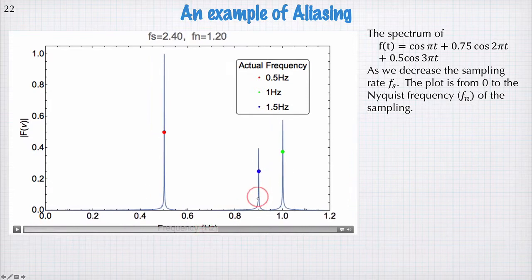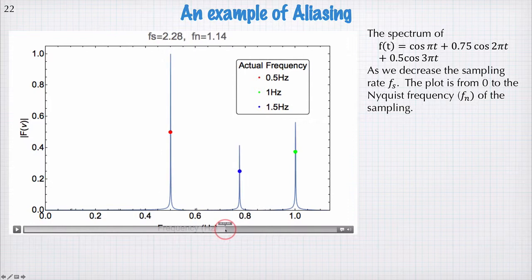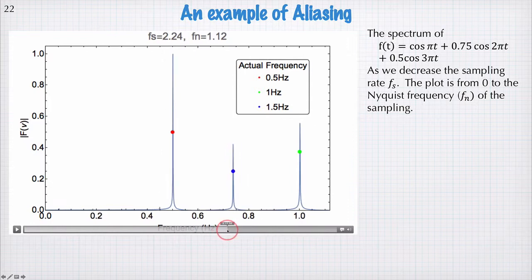Now we know that this frequency here is 1.5 Hertz, but as we decrease the sampling frequency, decrease the Nyquist frequency, it's being interpreted as all kinds of frequencies between 0 and the Nyquist frequency. So it gets wrapped back into the domain between 0 and the Nyquist frequency.